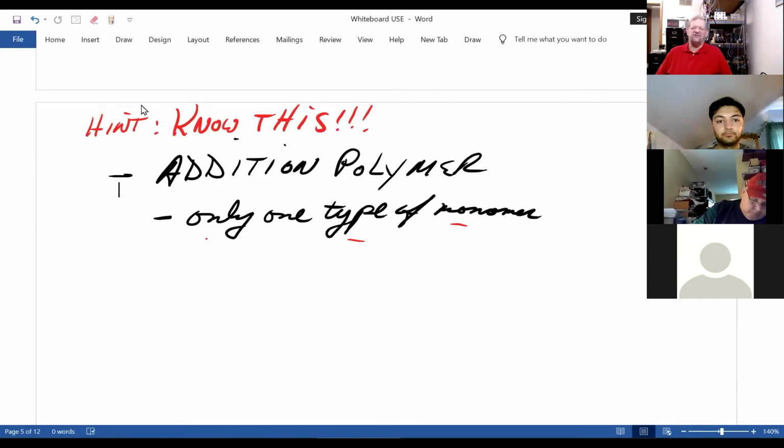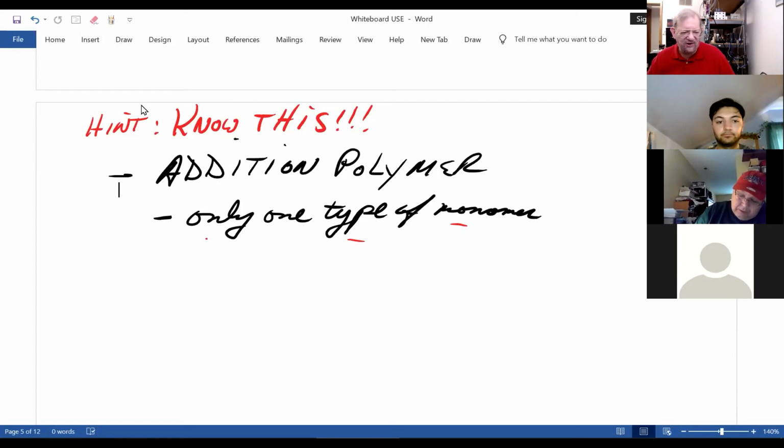And you've got hundreds of them, millions of them. That's an addition polymer. So you should know that an addition polymer is made up of only one type of monomer. There are millions of them, or at least a million, but it's all the same. Just like if you had a train with all identical boxcars, everything inside is identical.